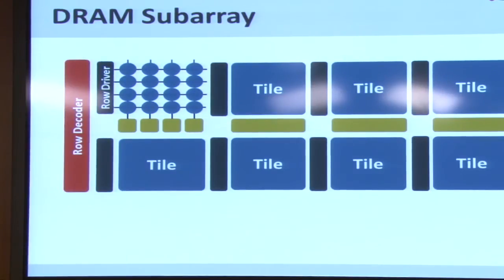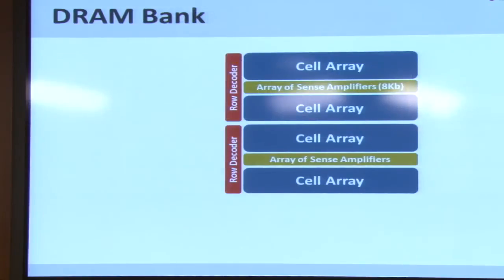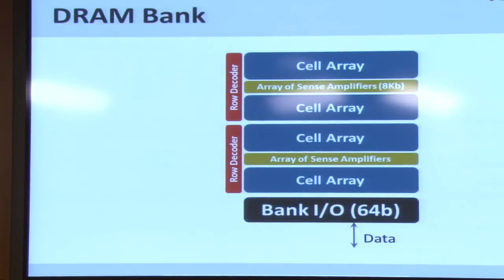And our DRAM bank, which is what we want to know more about, is built this way. You take a bunch of subarrays, and then you stack them on the chip. Each bank has something called a bank I/O logic, which reads the data from the array of sense amplifiers and sends it out.